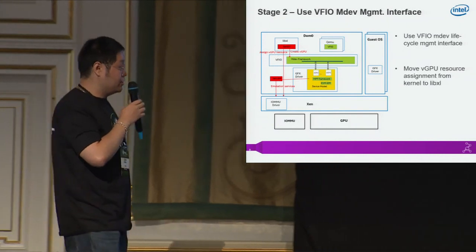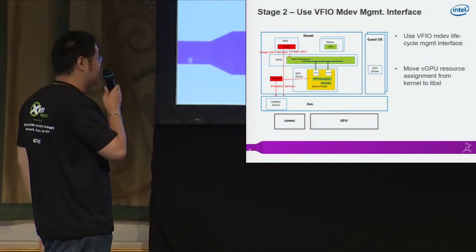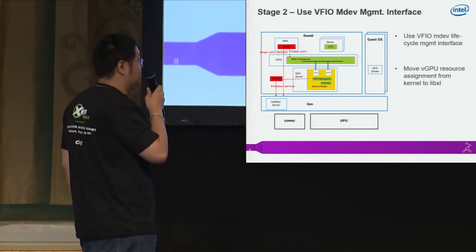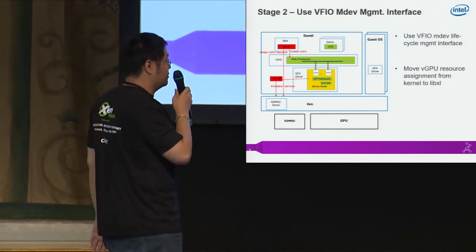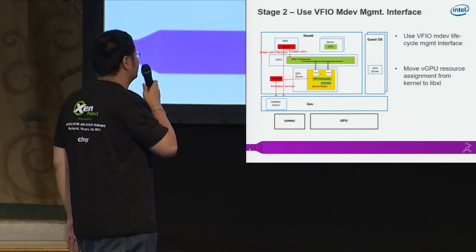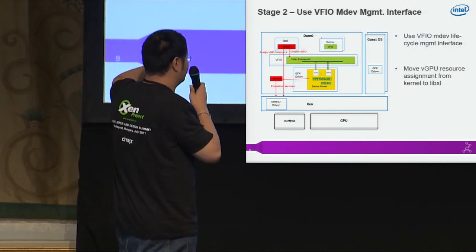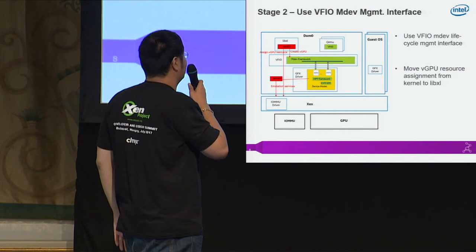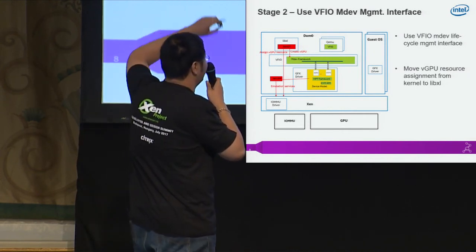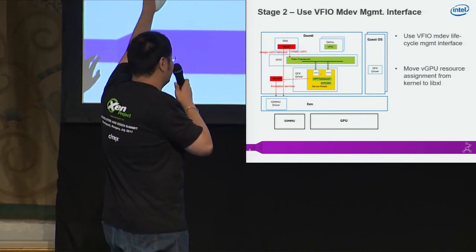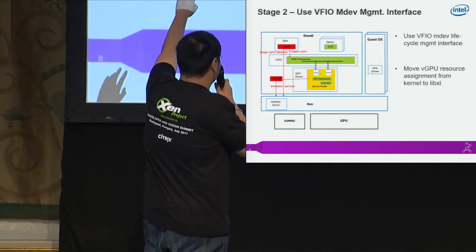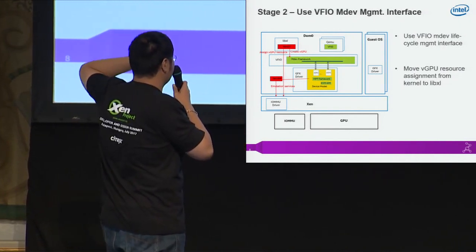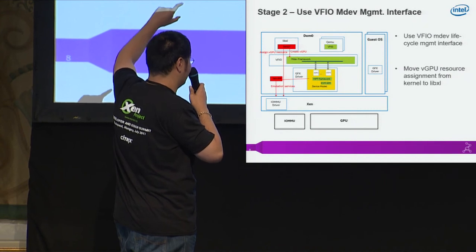This is stage 2. Stage 2, I think, is also probably easy to upstream, because we only need to add a new attribute in VFIO MDEV so that we can get the domain ID from libxl, and then in the MPT device model, it can connect a vGPU with a domain.